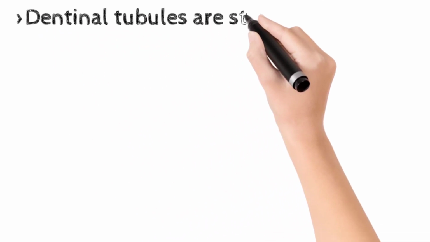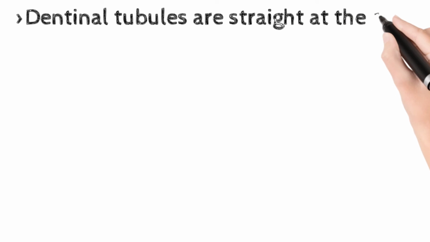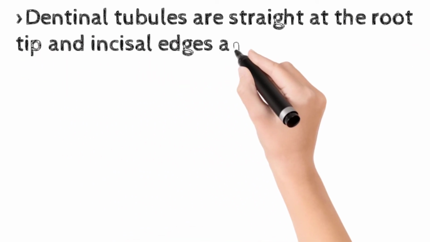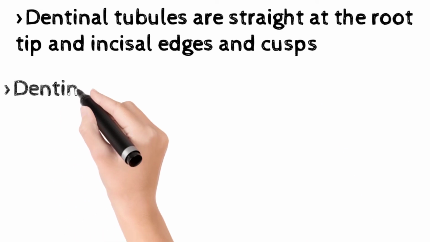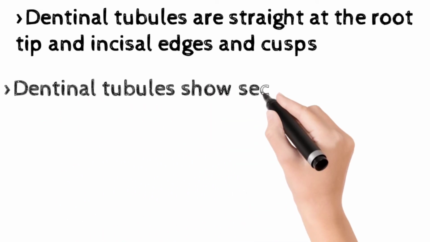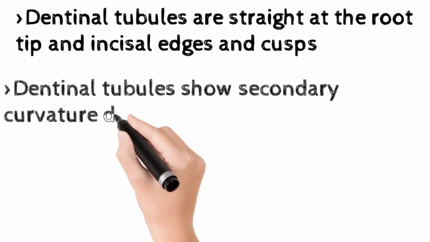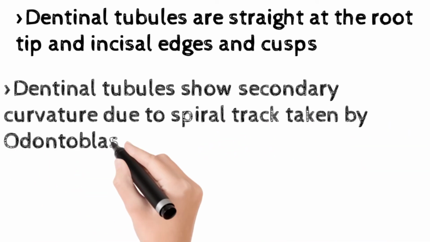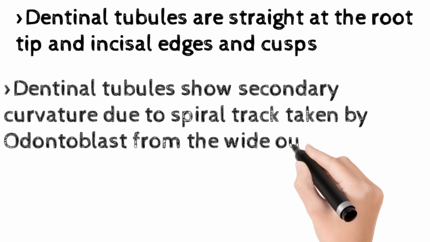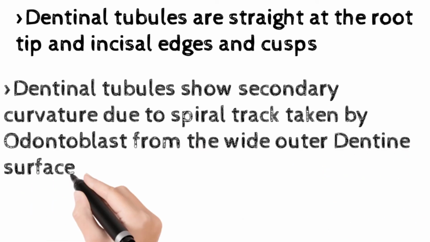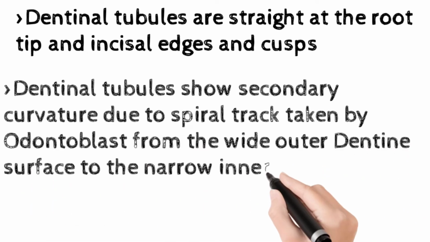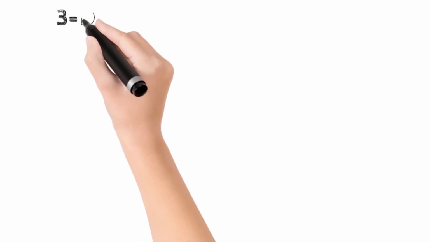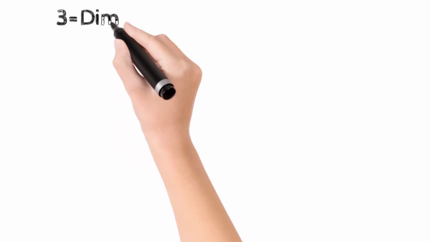Now the dentinal tubules are straight at the root tip and incisal edges and cusps. Next, dentinal tubule shows secondary curvature due to spiral tract taken by odontoblast from wider outer dentin surface to the narrow inner pulpal surface.